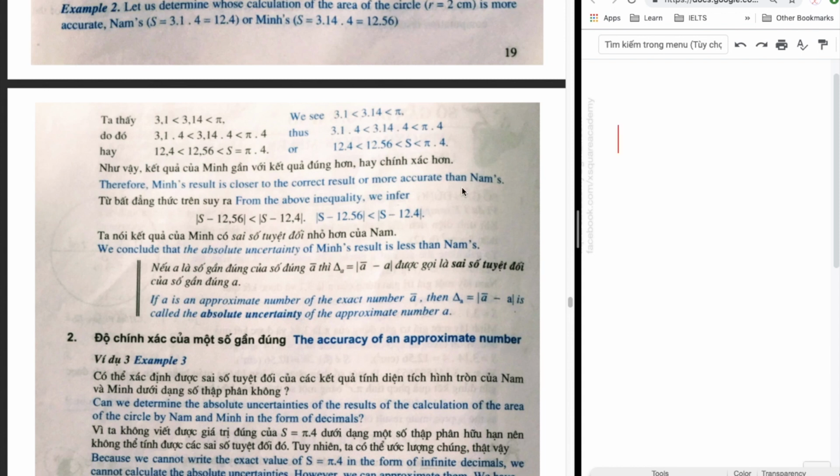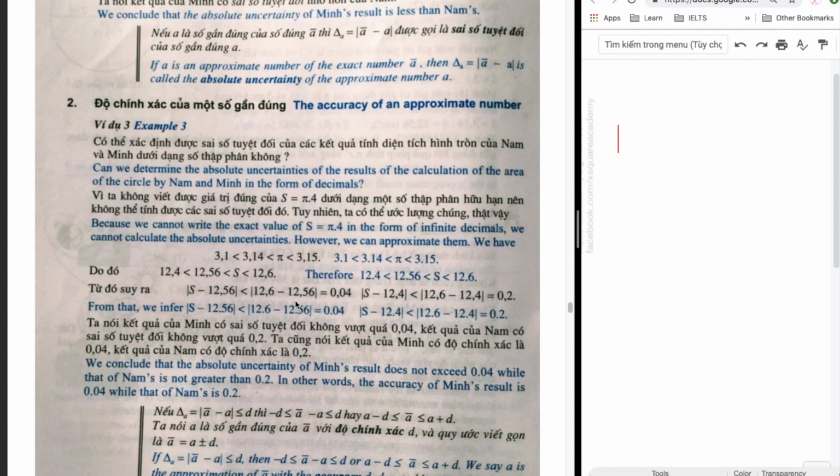That means the absolute uncertainty is the result of the subtraction between your result and the exact result. For example, you predict your exam score is 7, but it is 8, so the absolute uncertainty is 8 minus 7 equals 1.